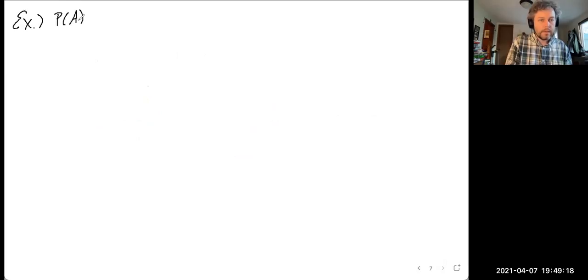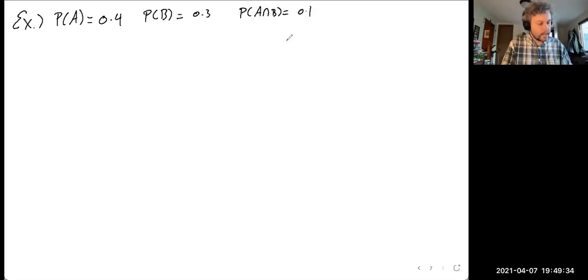Let's say the probability of event A occurring is 40%. The probability of event B is 30%. And the probability of A and B occurring is 10%. Then what must be the probability of A given that B occurred? How can we do this?